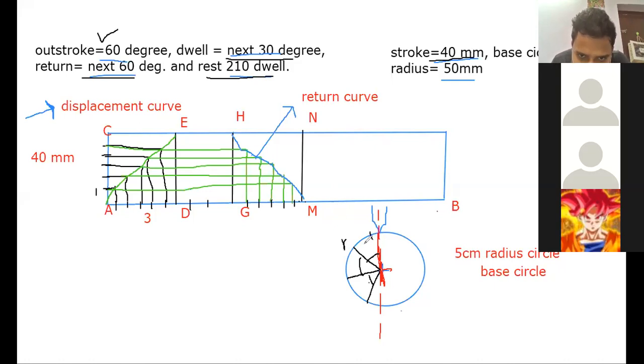Understood. Similarly, on this line, we are not doing anything because we don't have any divisions in the dwell. And on the return 60 degrees, again, you will mark the division on every 10 degrees.